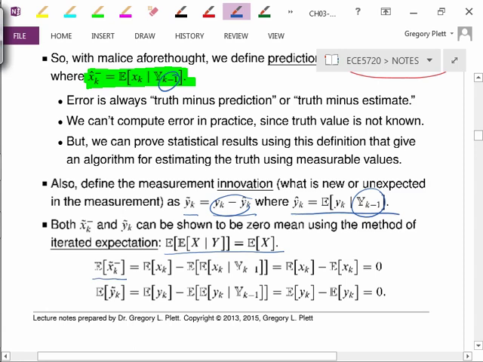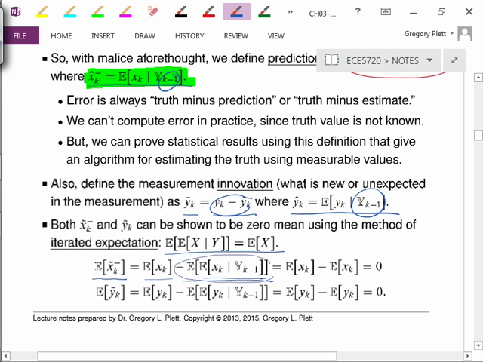So, for example, the expected value of x tilde minus is equal to, by the definition of x tilde minus, which is x minus x hat, the expected value of x minus x hat, but the expected x hat is itself this expected value of x given y.